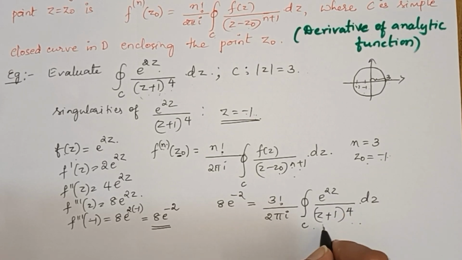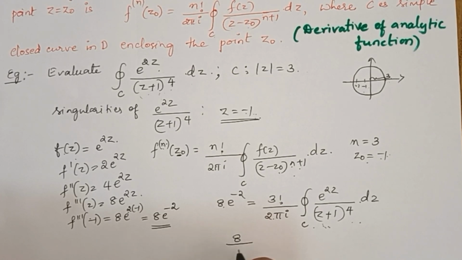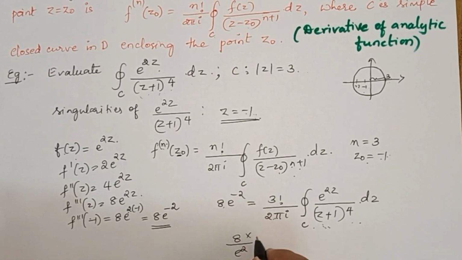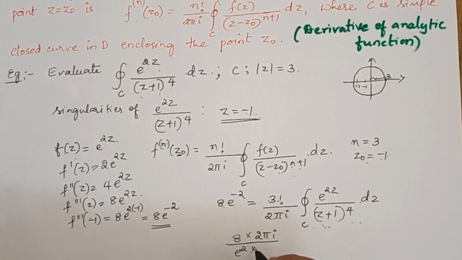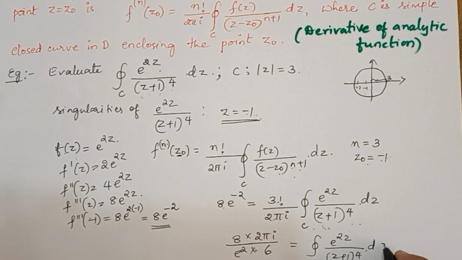So keep this integral here itself as it is. Now this 8 by e square, into 2 pi I divided by 3 factorial, which is 6, is equal to the given integral of e to the power 2z by (z plus 1) to the power 4 into dz.